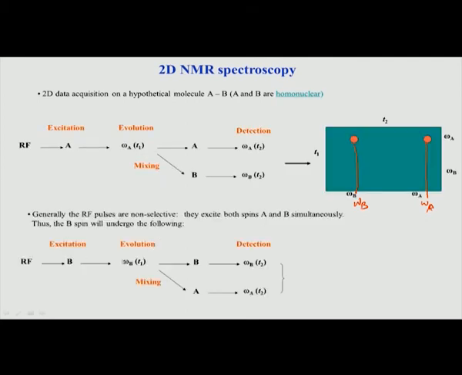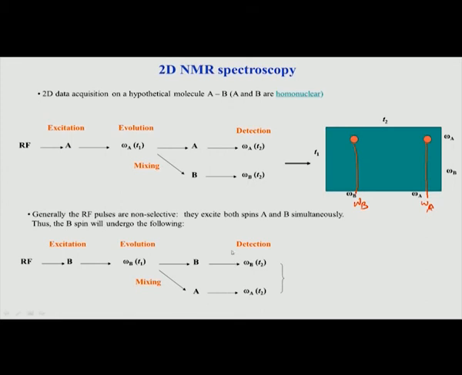Now, again during evolution in T1 the B is evolving, because we have excited B, and B is transferring partially to A, but it may keep something on its own because the efficiency is never going to be 100%.